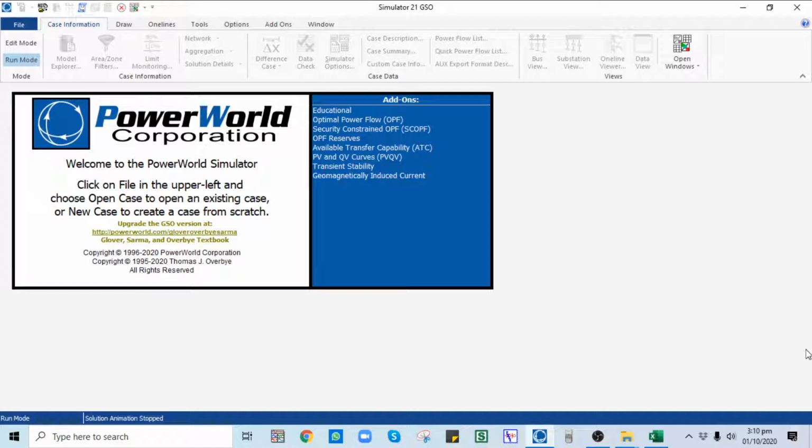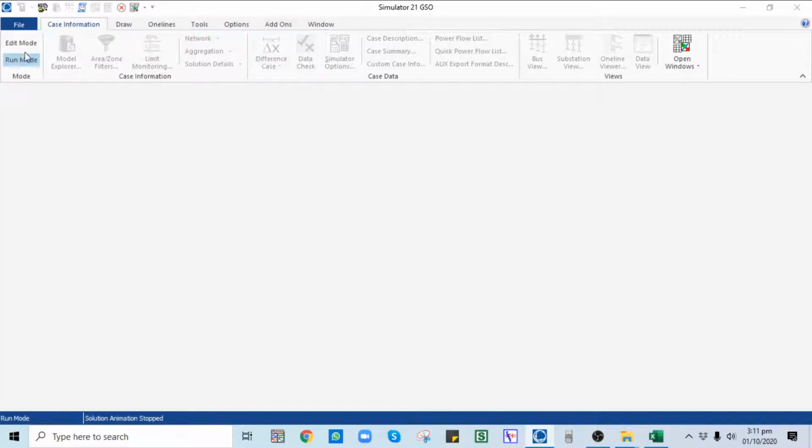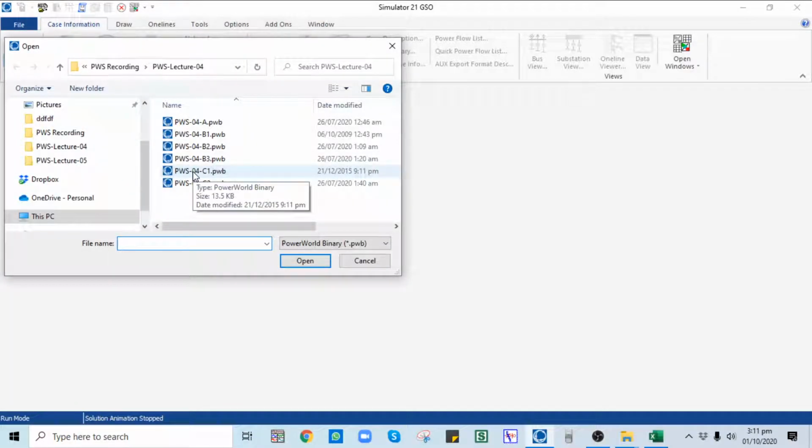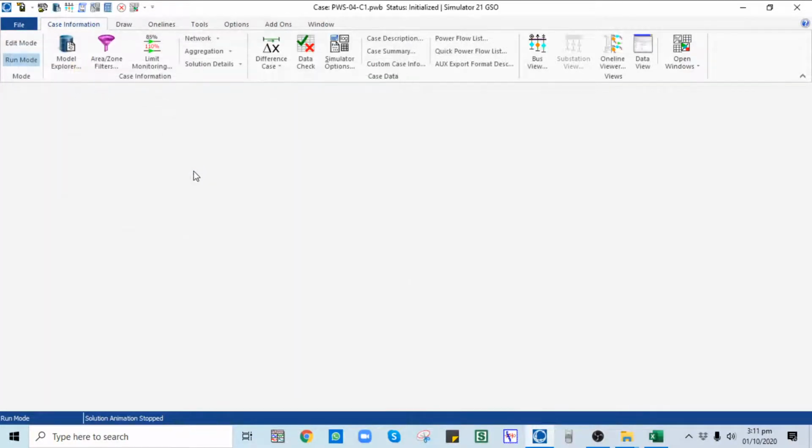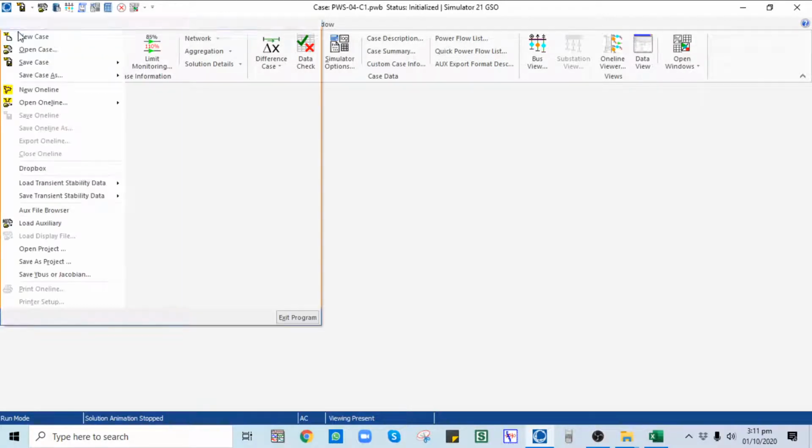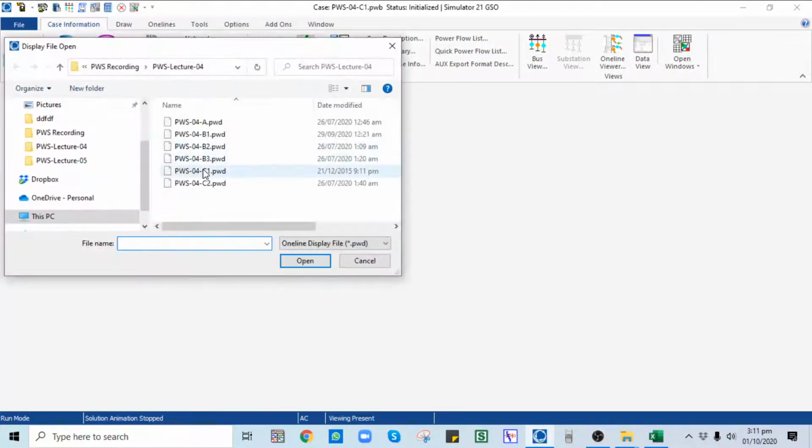So in order to see the transmission line loadability and to see the animated view of steady-state limit on a long line, open a case, go to file and open a case, open PWS04C1 and similarly open a one line diagram.